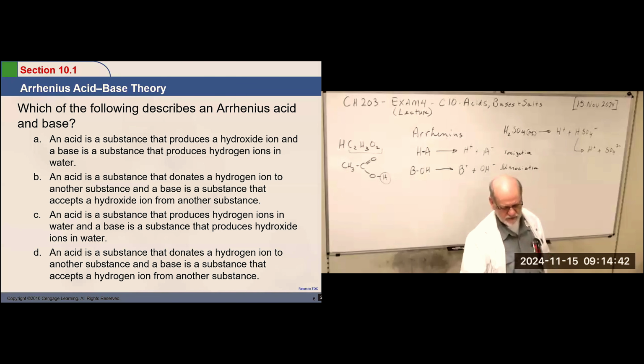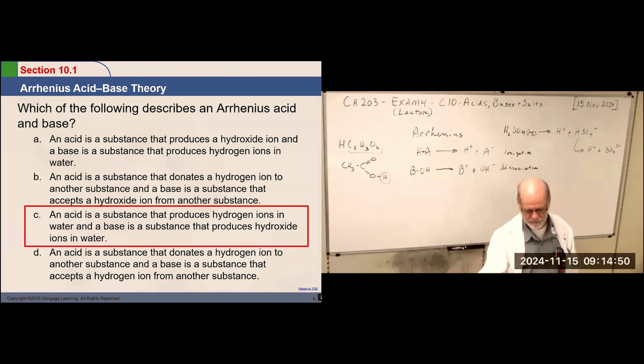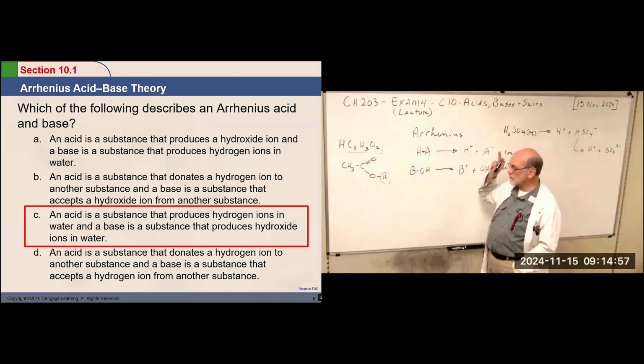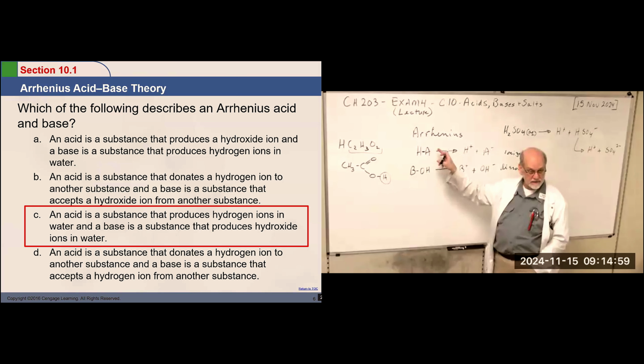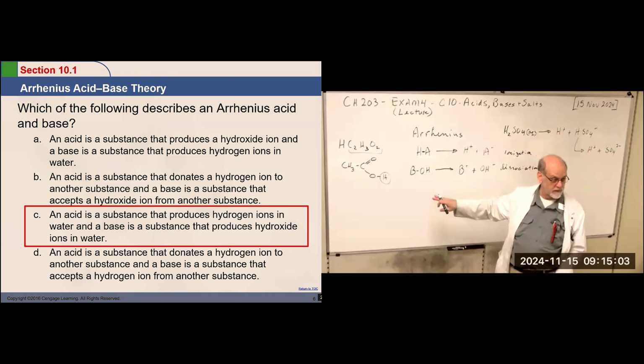So which of the following describes an acid and a base in the Arrhenius universe? That one right there. So notice that when Arrhenius defines an acid, he says the proton must be part of the molecule. And when he defines a base, the hydroxyl must be part of the molecule.